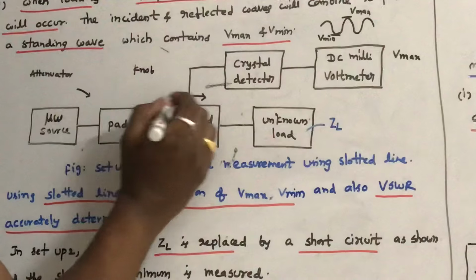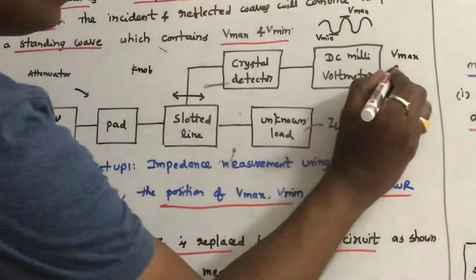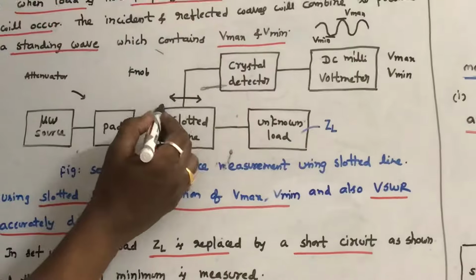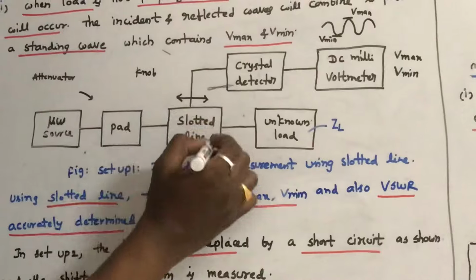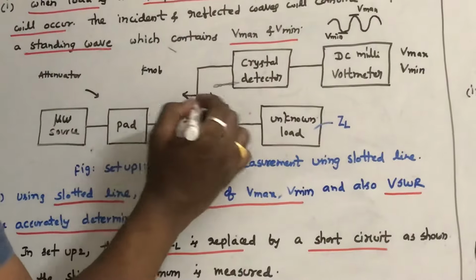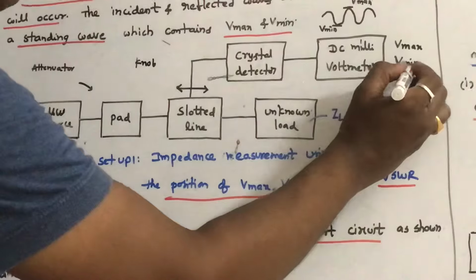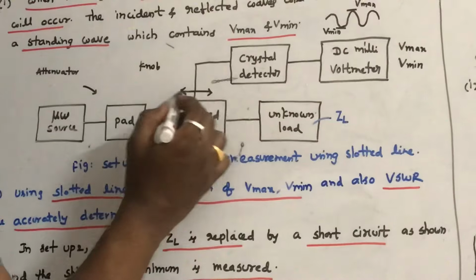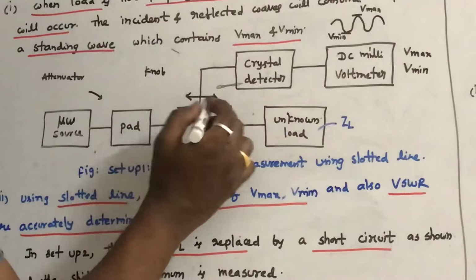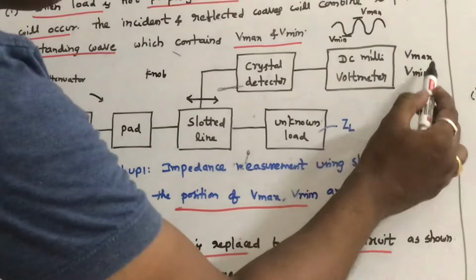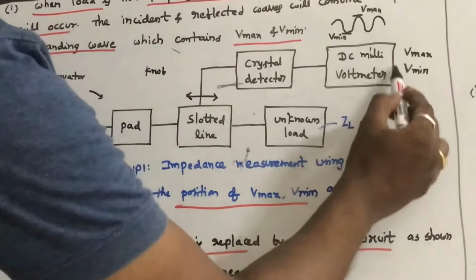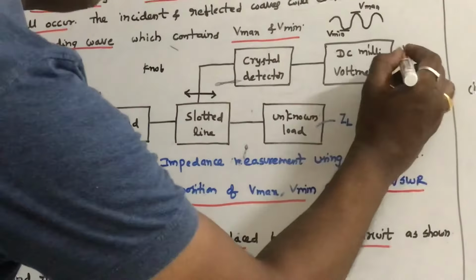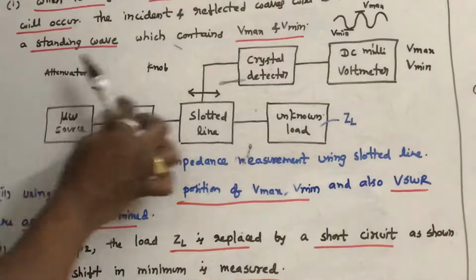Similarly, adjust the probe on the slotted line such that the milliammeter shows V minimum, and measure the dimension of the slotted line where this V minimum occurs. In this way, we can read the positions of Vmax and Vmin on the slotted line. Now, by the ratio of Vmax and Vmin, we can measure the standing wave ratio, that is voltage standing wave ratio, VSWR. What is VSWR? It is the ratio of Vmax by Vmin. So, this is the first setup.